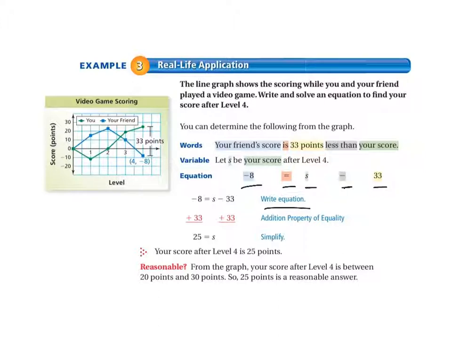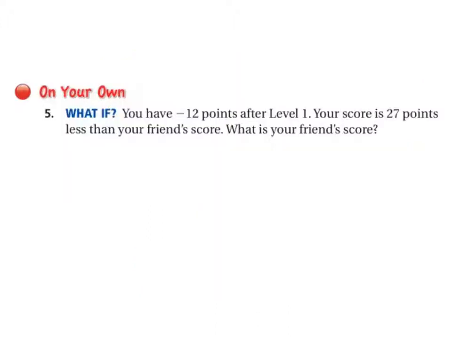So we wrote our equation, and then we want to solve it, so we have to add 33 to both sides, and then we simplify it. So we get 25 equals S. So your score after level 4 equals 25 points. From the graph, your score after level 4 is between 20 points and 30 points, so 25 points is a reasonable answer. So we're going to do the final on your own.